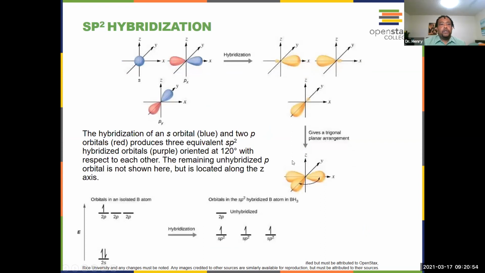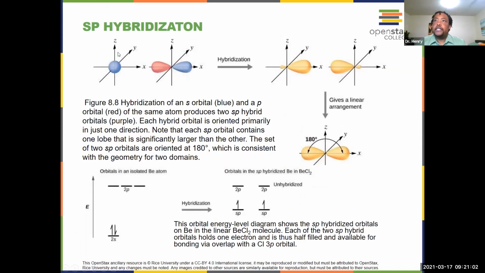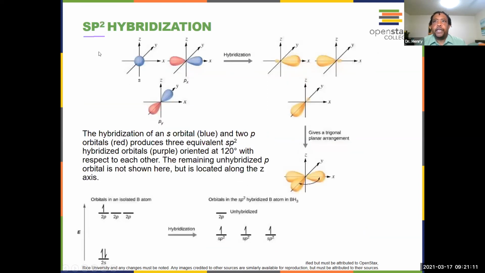Okay, so now the same thing happens in the case of when we're trying to make, so let's see, this guy is an example of the SP. This guy would be an example of the SP2, okay?